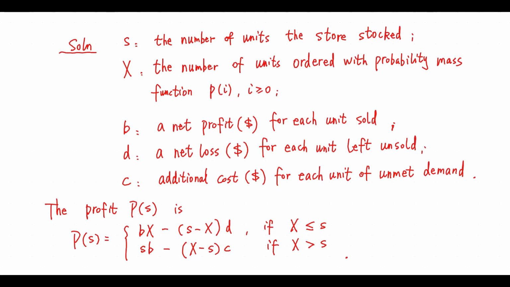For the number of units ordered, X, greater than the number of units stocked, S, the profit is the dollars for units sold minus the cost for unmet demand. So the profit P(S) is given by this one.